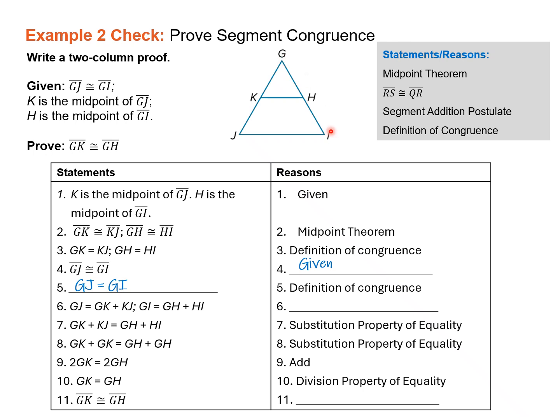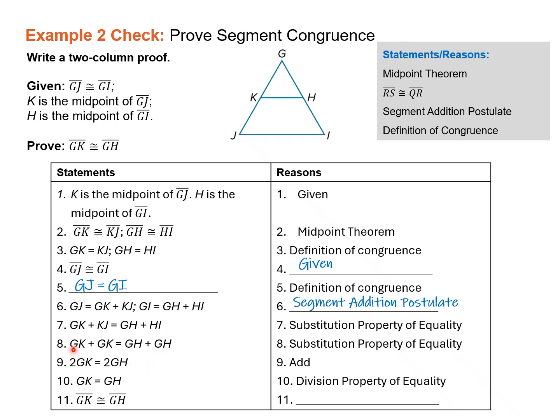And GI is equal to GH plus HI. Again, that looks like the segment addition postulate. From there, they're using the substitution property of equality. Because we know GJ and JI are equal from line 5, then we can put what they're equal to each other by substituting.